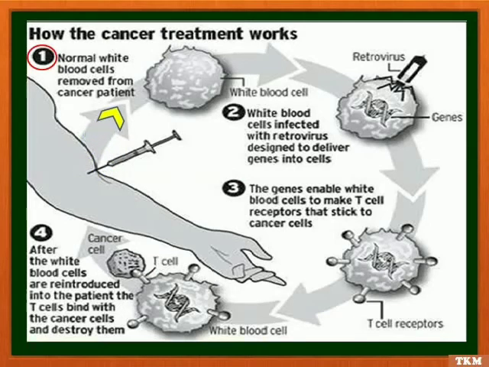Normal white blood cells are removed from the cancer patient. These white blood cells are infected with a viral vector designed to deliver genes into cells, and these genes enable the white blood cells to make T cell receptors that stick to cancer cells. After the white blood cells are reintroduced into the patient, the T cells bind with the cancer cells and destroy them.